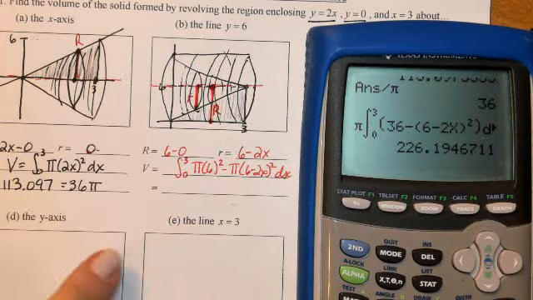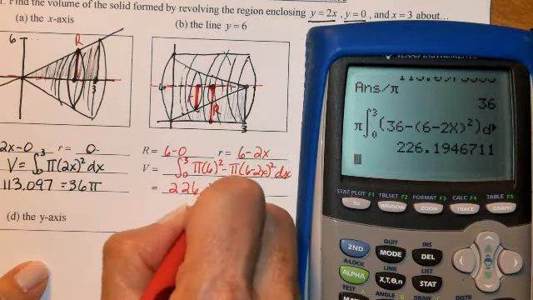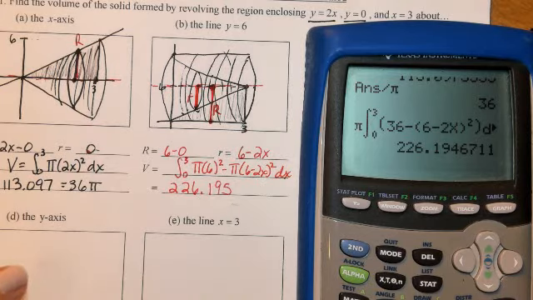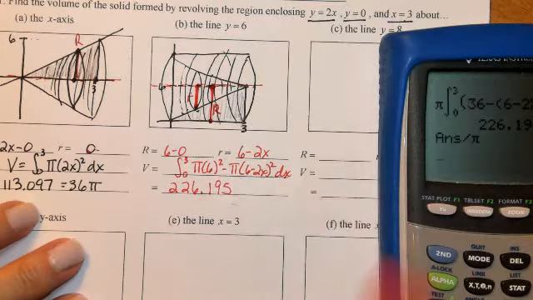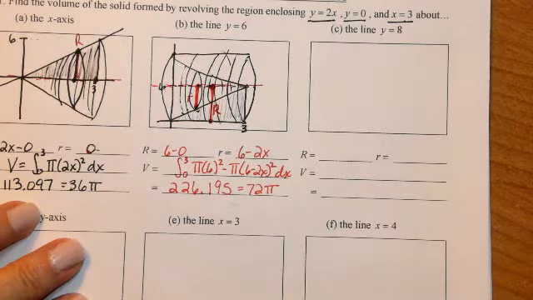And this turns out to be 226.195. If I wanted that in terms of pi, I would just divide out that pi: 72 pi.